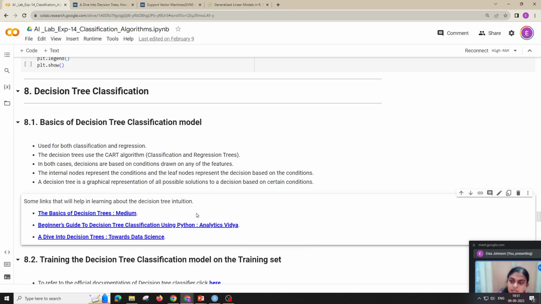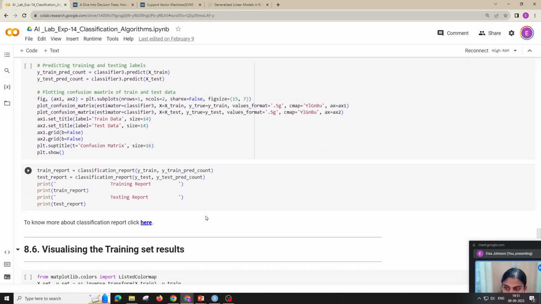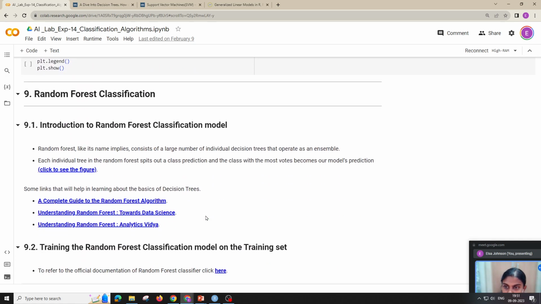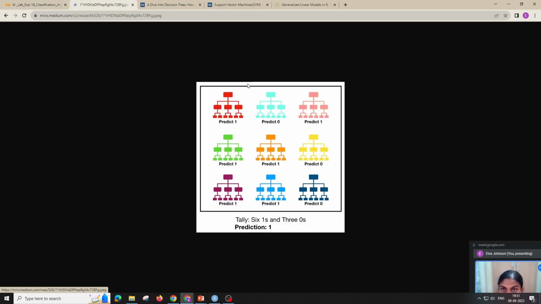And this random forest is like a pack of different decision trees. This can be explained with this example. You can see here, this is one set of tree. This can be called one decision tree, and this particular decision tree is predicting 1.